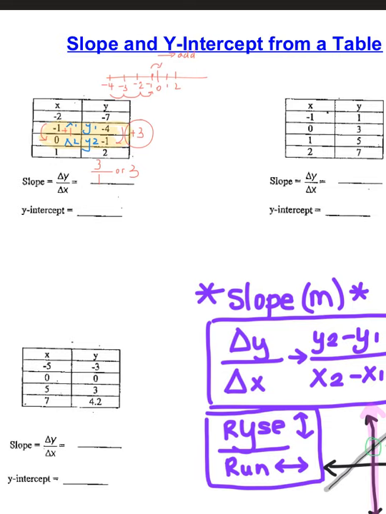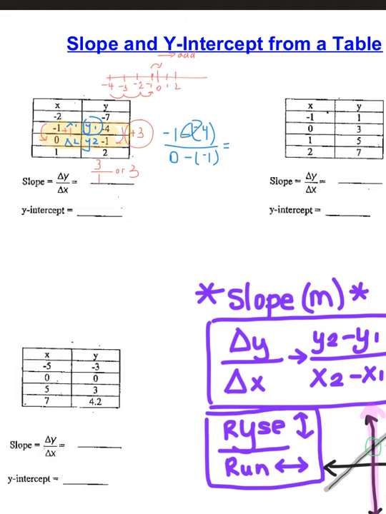So starting with the y2, that would be -1 minus my y1, which is -4, and my x2, which is 0, minus my x1, which is -1. So again, it's up to you, whichever one looks more convenient.